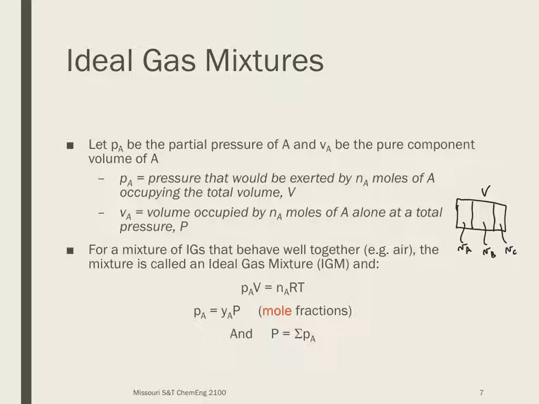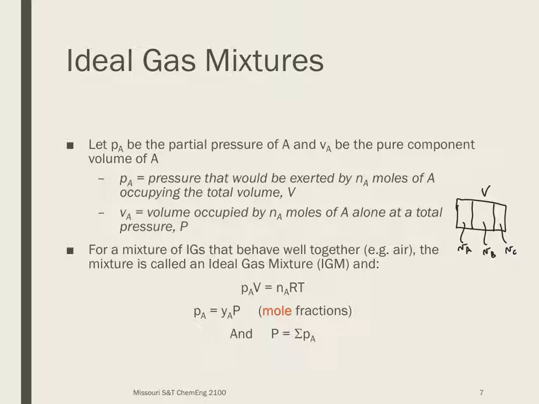For a mixture of ideal gases that behave well together, and again, we'll talk more about this in future courses, but air is an example of one of these well-behaved mixtures. We call mixtures of things that act like ideal gases and act nice together an ideal gas mixture.